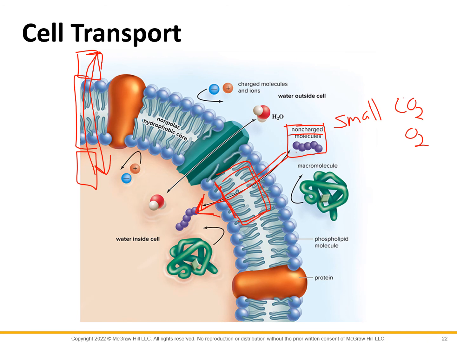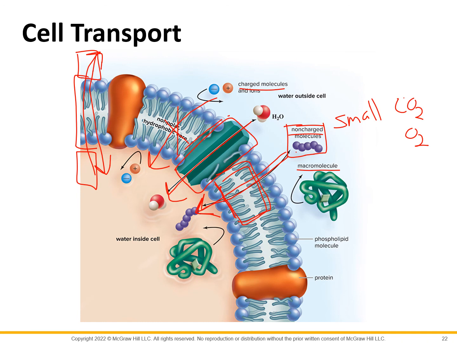Now, most molecules are not able to do this. Most molecules either have a charge or they are very large, like the macromolecules. Because of this, they cannot directly cross the membrane, so they need some way to be transported across. One example is channels. I talked about channels before, kind of like tunnels that allow molecules to cross directly through the membrane.